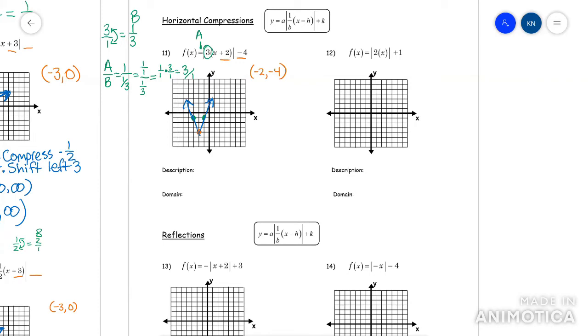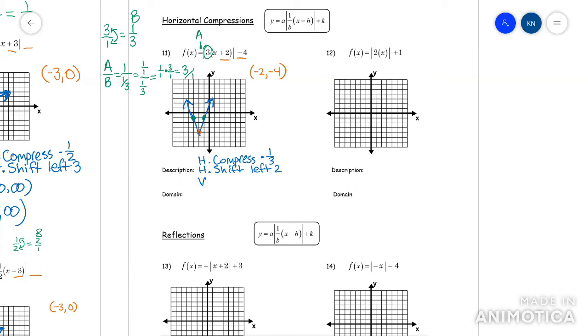Like that. So the description, we found out B was actually 1/3 because you had to flip whatever was here. So it being 1/3 means it's a horizontal compress times 1/3. Okay, then you also had a horizontal shift, left 2.